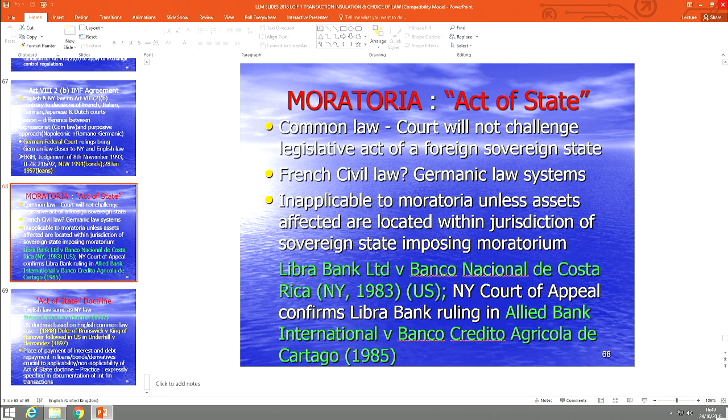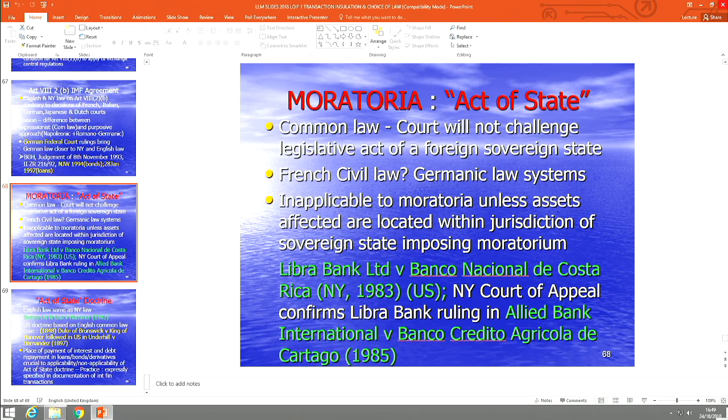Now, if you step back and think about this, it simply means that if the place of performance of a payment obligation is outside a country imposing a moratorium, whether it is performable in Tokyo, Frankfurt, London, New York, Singapore, whatever, it only means one thing: that the government imposing the moratorium is attempting to interfere with an asset located outside its territorial jurisdiction.